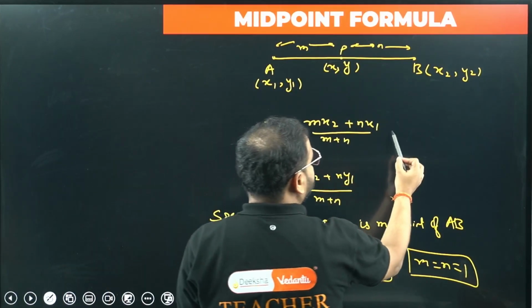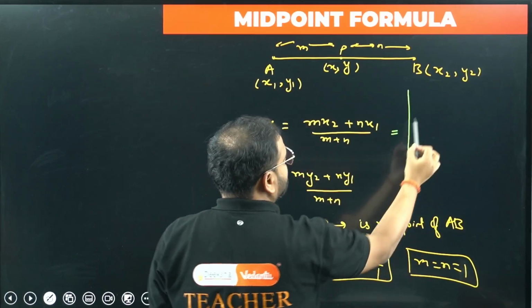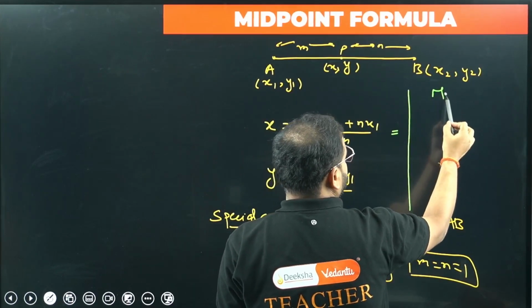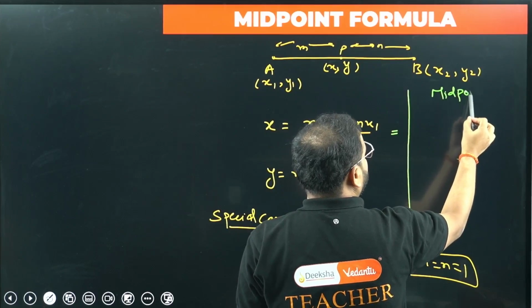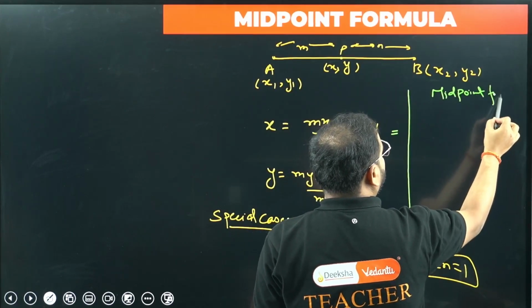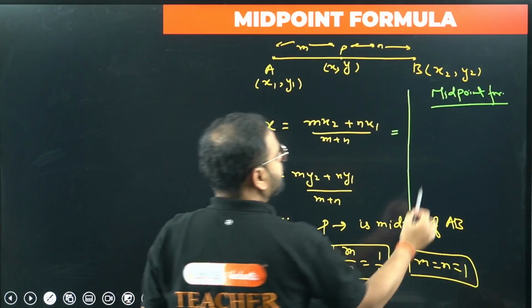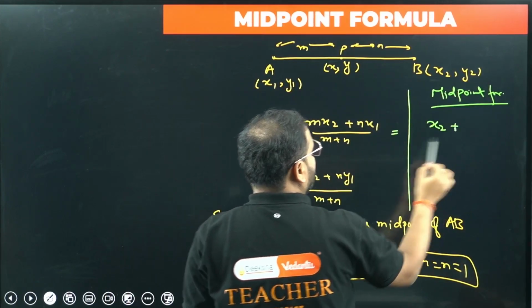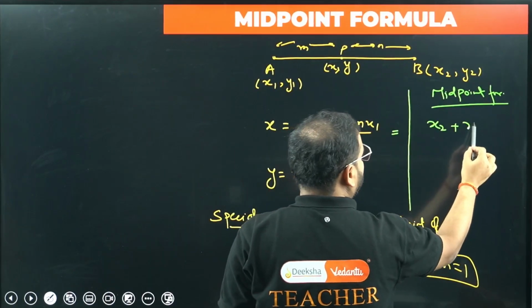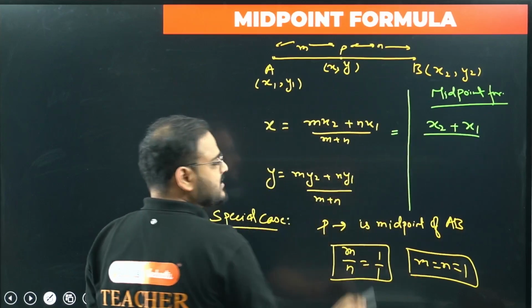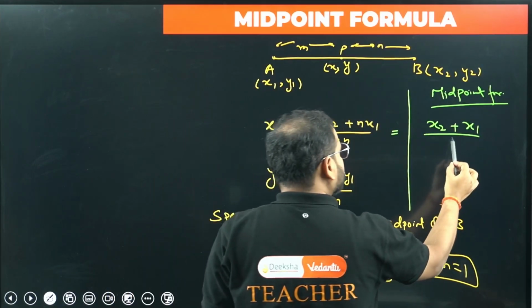Have a look. If I write the midpoint formula on this side, I'll get 1 times x2, simply x2, and 1 times x1, simply x1, upon m plus n, so 1 plus 1, that is 2.